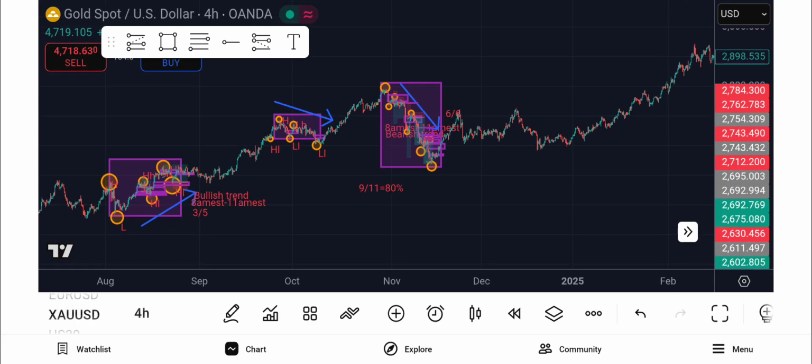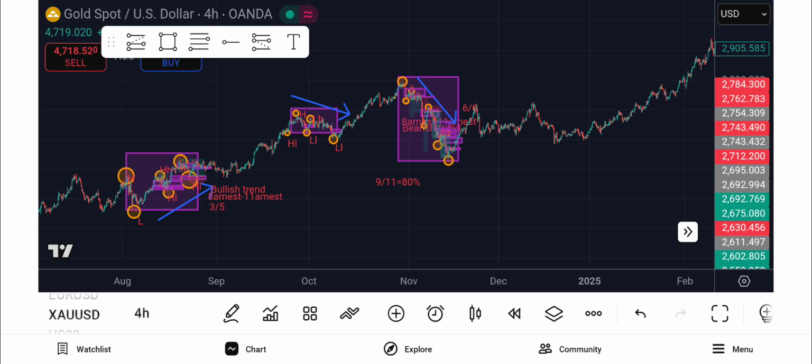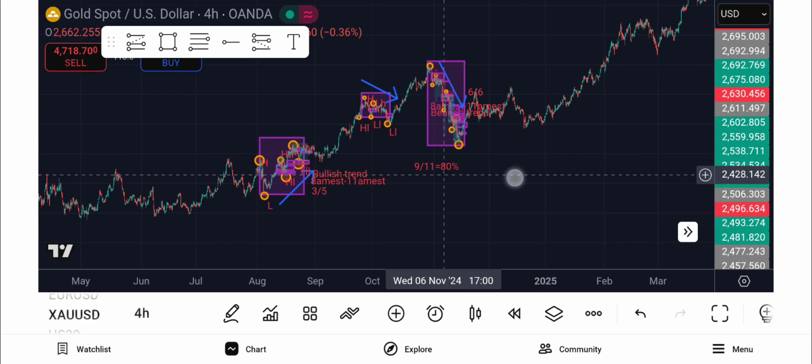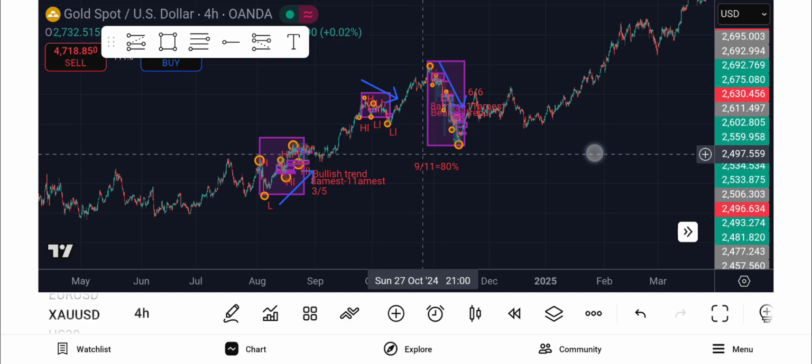Yep. So you would have been 80% on gold. As long as you ignore bad entries and just take good entries, you would have been pretty good.